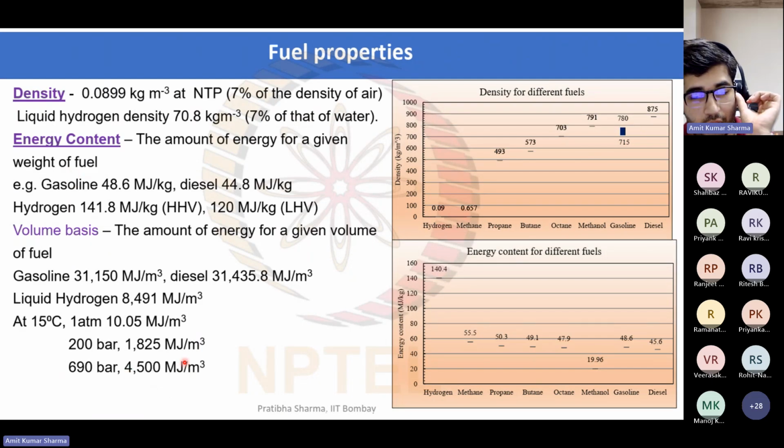Due to this, storage is an issue for hydrogen, because if you want to store it in a vessel, the size of the vessel will be very large. That's why there are different methods for storage. We will discuss them in a future class, but with this data you can compare the challenges of hydrogen storage.